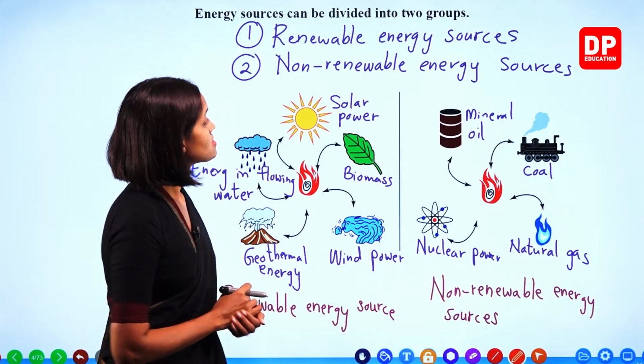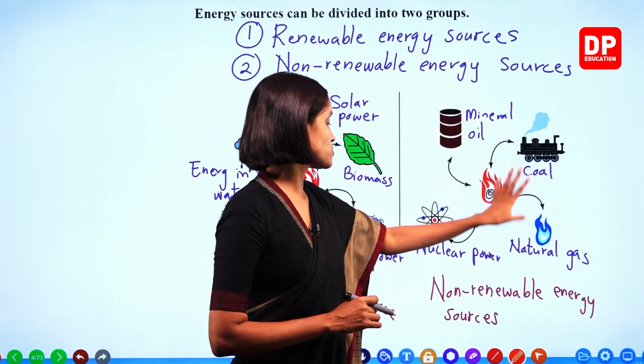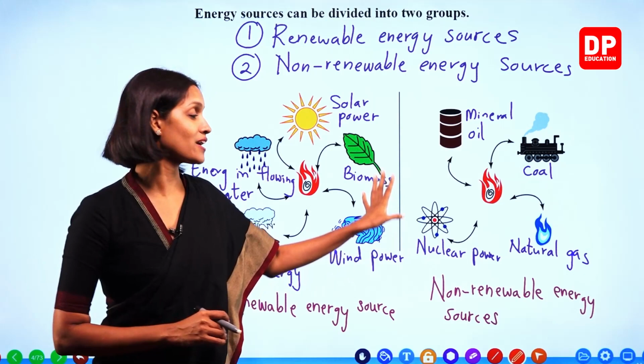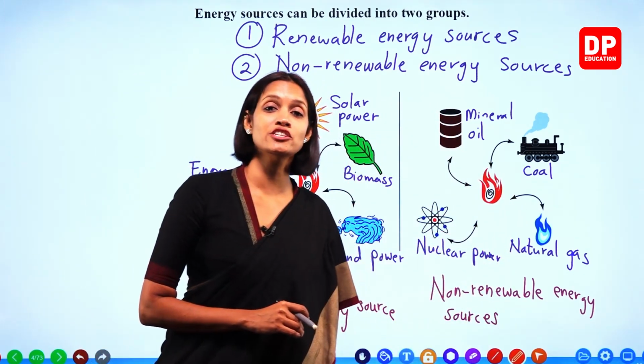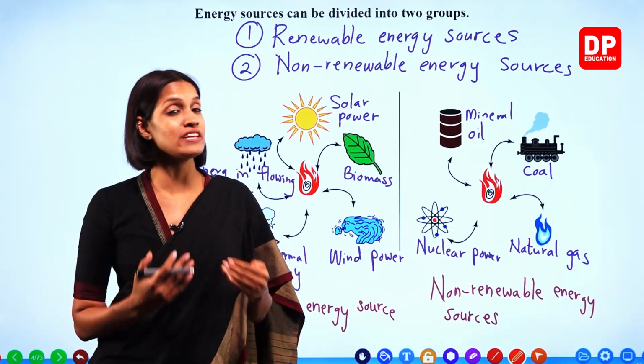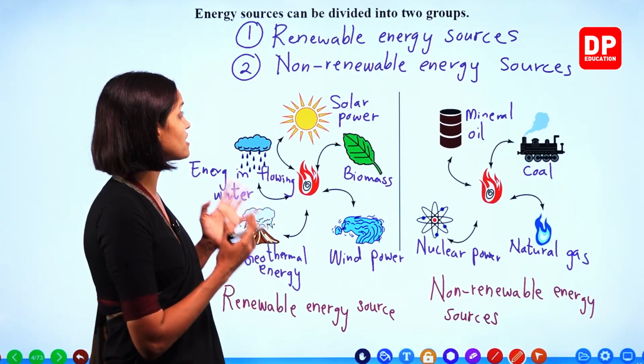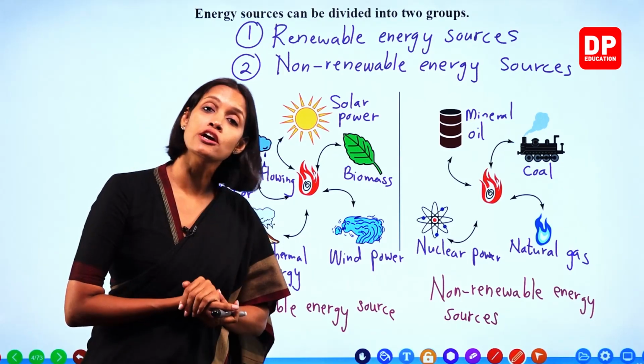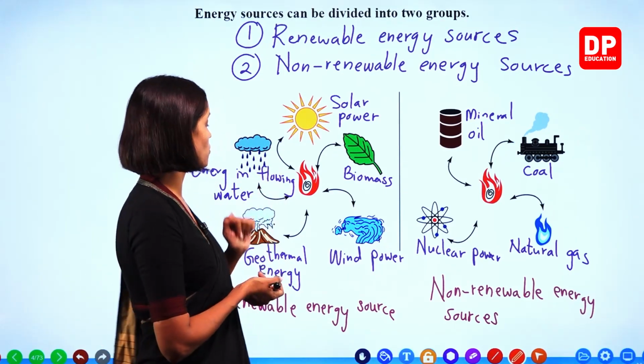Right, children? So mineral oils, coal, natural gas, nuclear power, they come under non-renewable energy sources. Next, we are going to do a very interesting activity to understand this concept of renewable and non-renewable energy sources. We'll move on to the next.